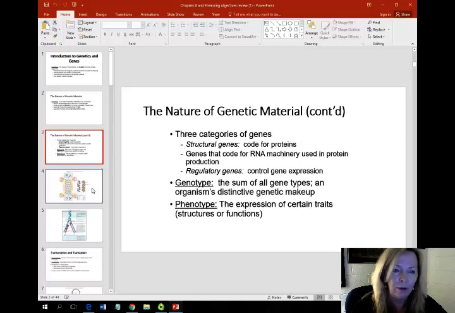So a genotype would mean that you know everything at the molecular level for those particular traits that that organism possesses. You can't always see what the genotype would be, but phenotype means that you can see what's being expressed.